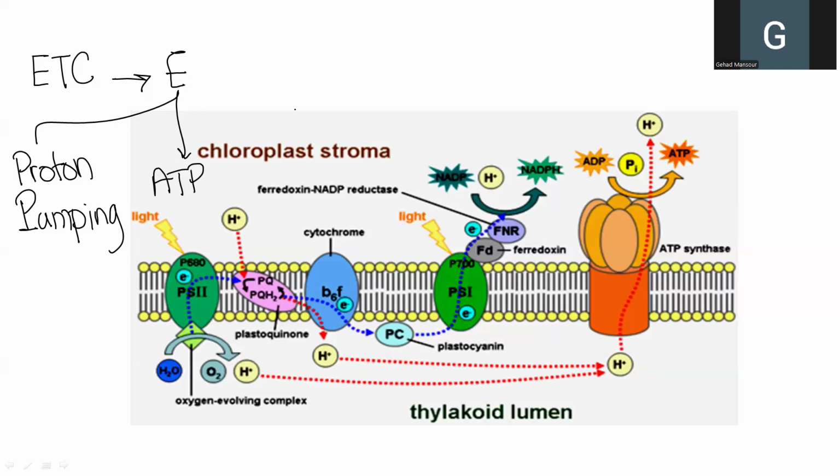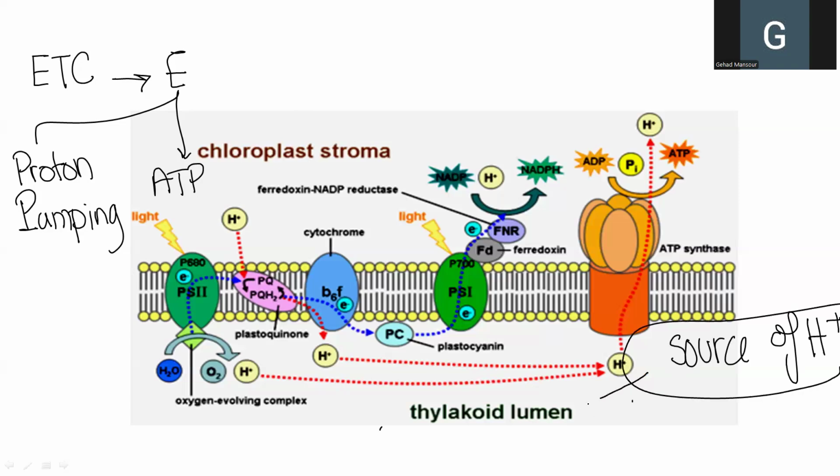The second piece of information is the source of the hydrogen ions inside the thylakoid lumen, and that makes the thylakoid lumen acidic. We have two sources for the protons or hydrogen ions inside the thylakoid lumen: proton pumping, the pumping of the protons, and photolysis.